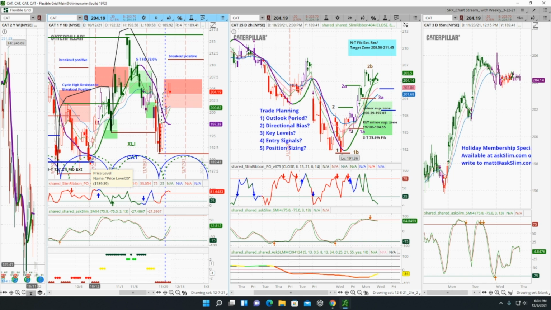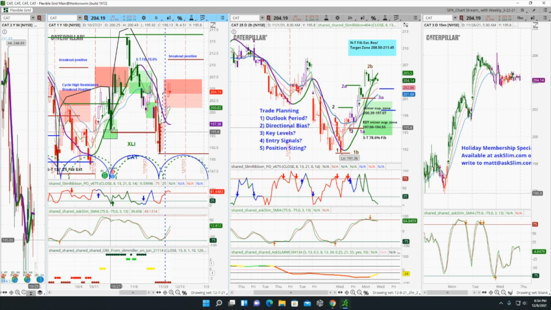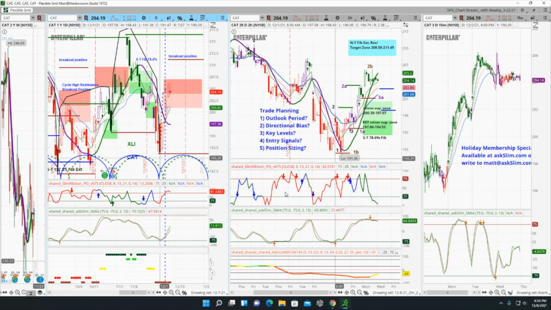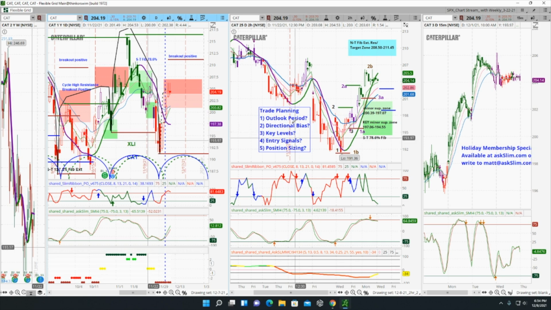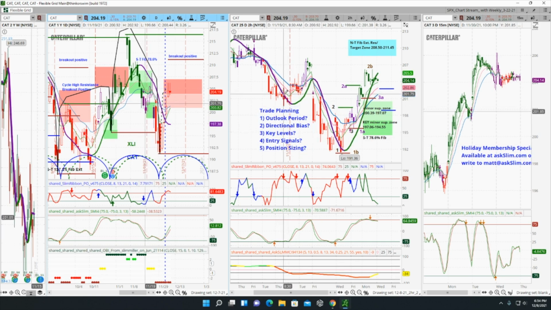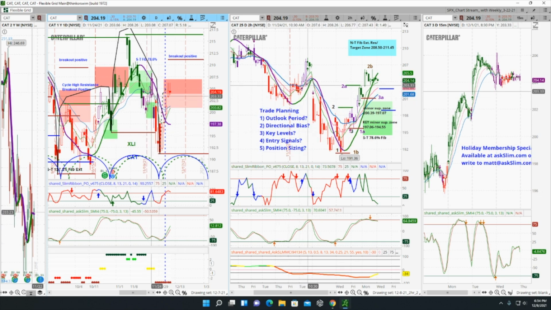maintained that negative momentum. There was also another signal fired that occurred here on the positive side, where the slim ribbon turned positive here. There was this pullback into support, and then the slim ribbon PO fired positive, giving you a great signal for a rally. We had another signal here that occurred, just a small one, and then you can see when it gets neutralized out.